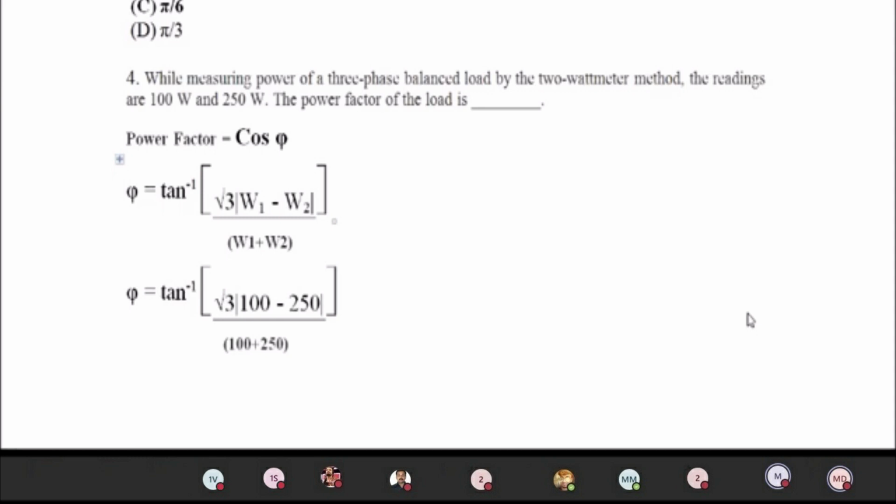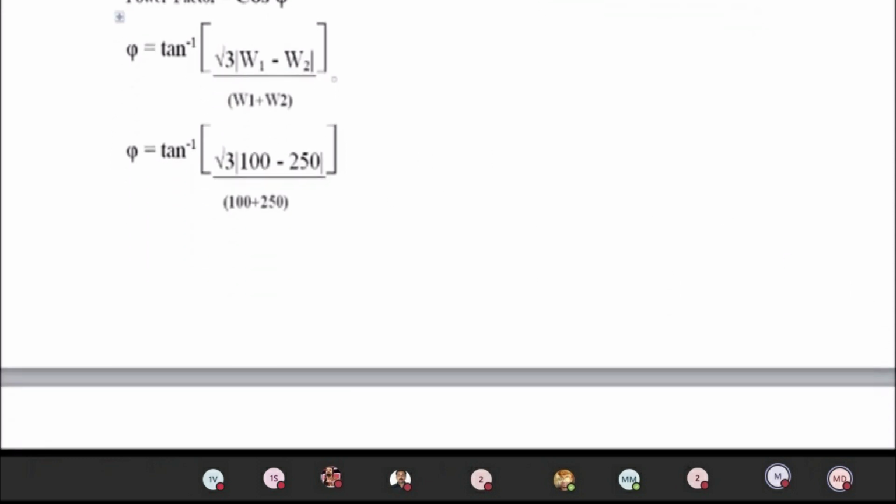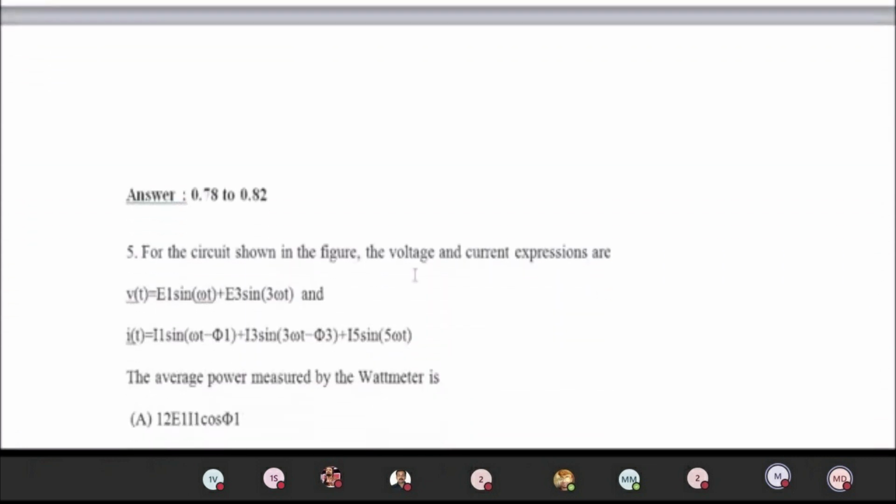The phi formula is known. We have to substitute the values, the 2 wattmeter readings given. After substituting, let us check what we get. After calculation, the answer will be between 0.78 and 0.82.